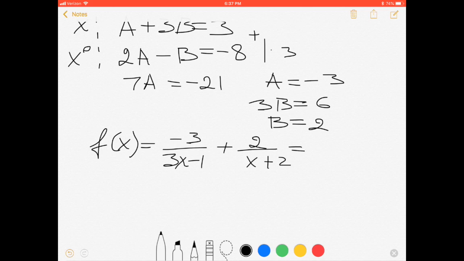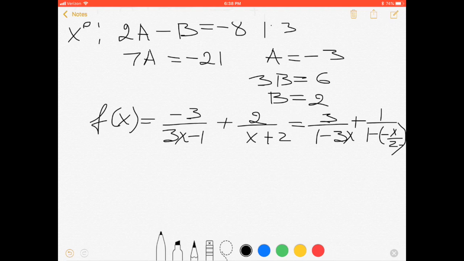Well, I think for the first fraction we prepare it and move the minus to the denominator. We have 3 over (1 minus 3x), which is great. And for the second fraction we have 1 over (1 minus negative x over 2). I divide up and down by 2, and because I need a minus, it will be there.